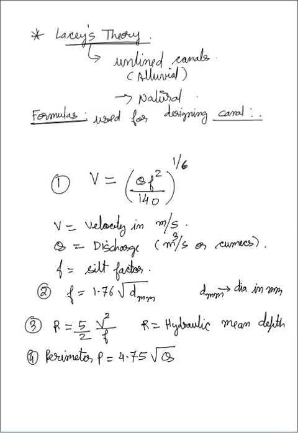Now we know the formula for perimeter of a trapezoidal channel also. So on the next page I am writing the formulas for the trapezoidal section. Suppose you are having a shape like this.